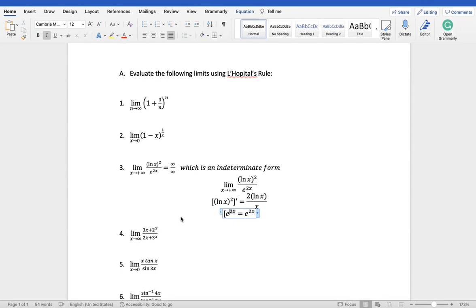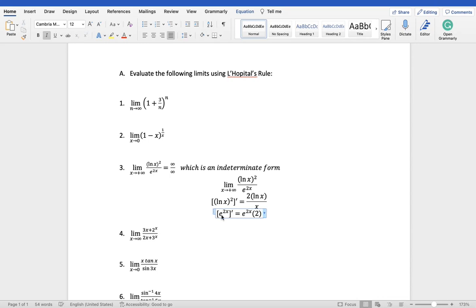So the derivative of that is, first you write back the function when you have an exponential, then you multiply by the derivative of what is in the exponent. In our case, we have 2x, and the derivative of 2x is what? 2. 2, right? Thank you.